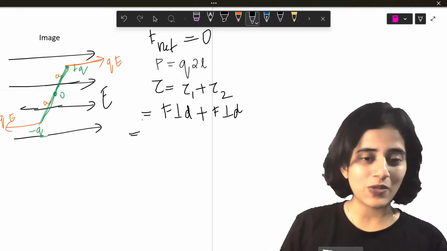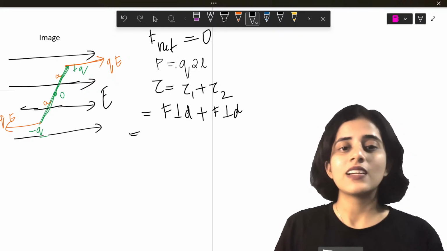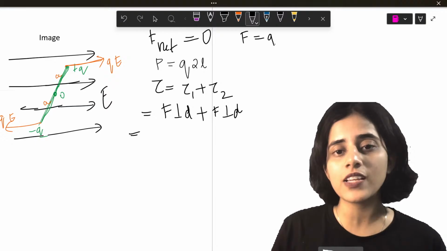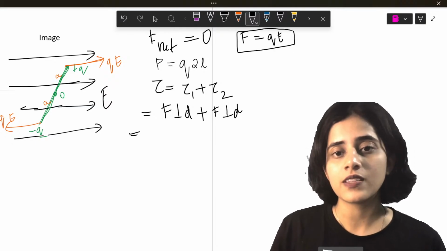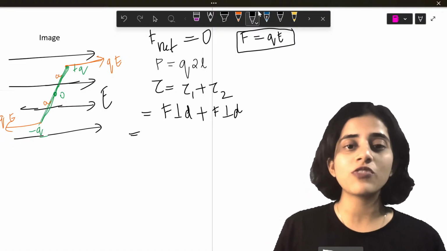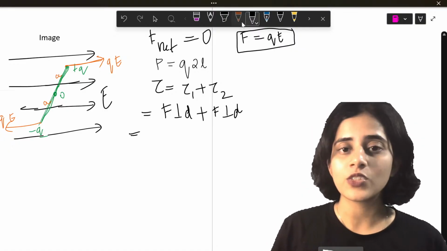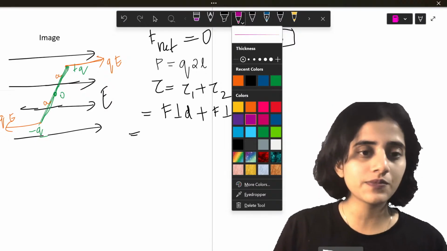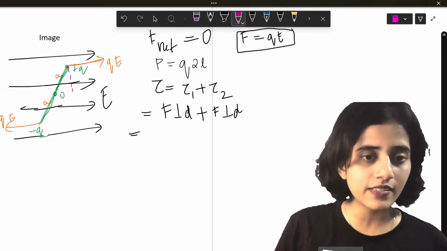Now let's write down what the force into perpendicular distance is going to be equal to. Force, the general formula, is charge into field. This is the general formula for force. Now how will you find the perpendicular distance? I will take the diagram and make a triangle.